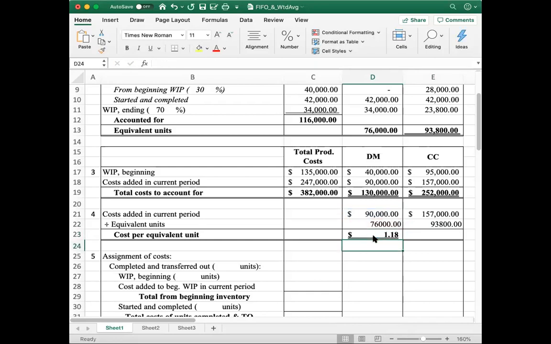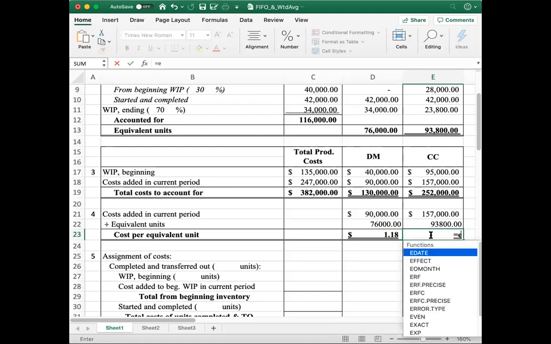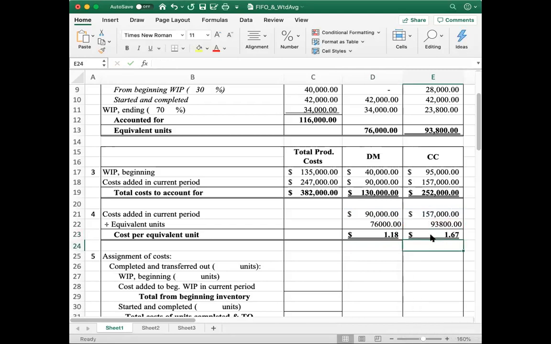This will give you the cost per equivalent unit. We do the same thing here. In this case we divide E21 by E22, and we get $1.67 for conversion cost.